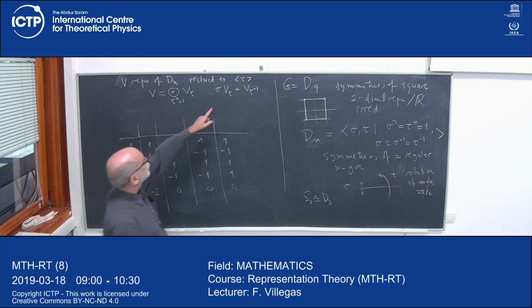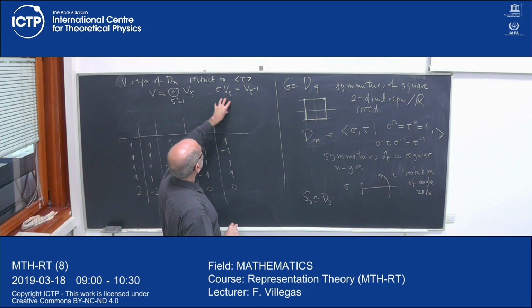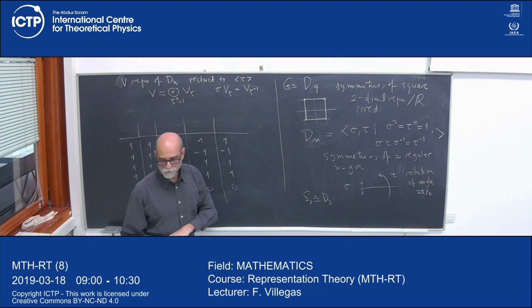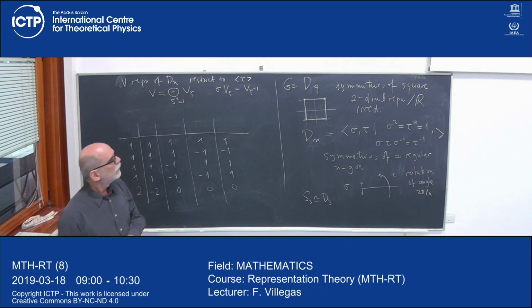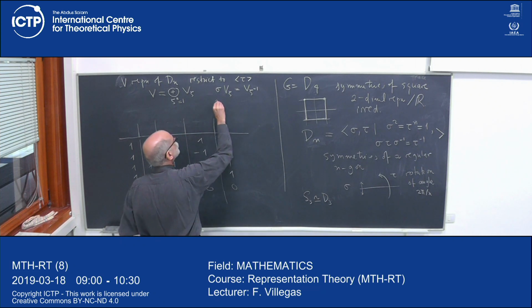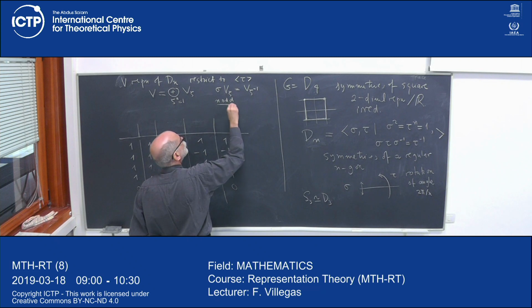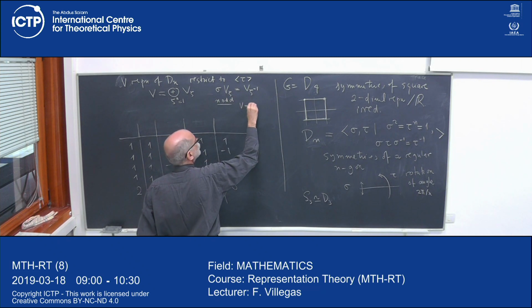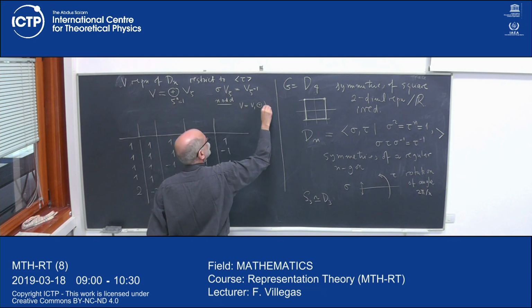If n is odd, the only piece fixed by sigma is when theta is equal to 1. In that case, V is V1 direct sum all the other pieces where theta is not 1.